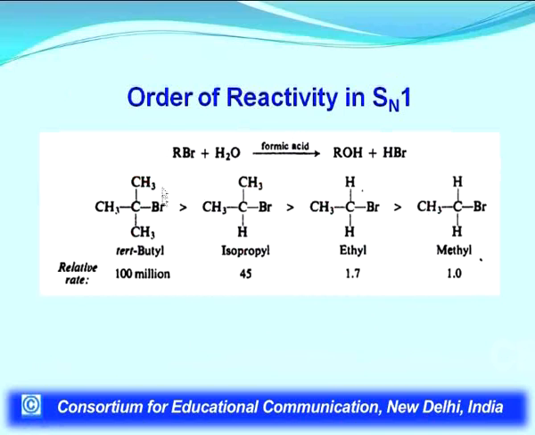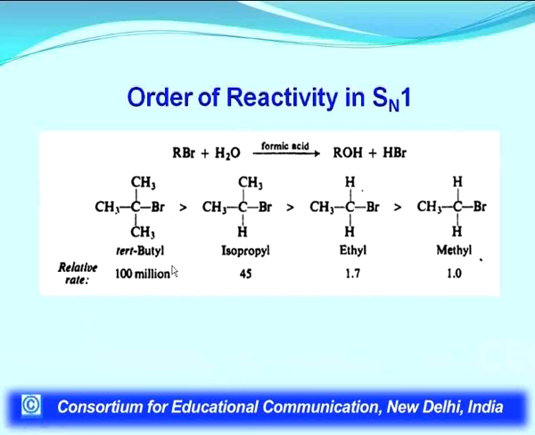This is an example: tertiary butyl bromide, this isopropyl bromide, this ethyl bromide and this methyl bromide. When they are subjected to substitution by water in formic acid, the bromine is replaced by OH. This is a general reaction for all these compounds, and their relative rate comes out to be, if for methyl bromide we take the rate to be 1, then for ethyl it is 1.7, for isopropyl it is 45, and for tertiary butyl it is very large, 100 million.